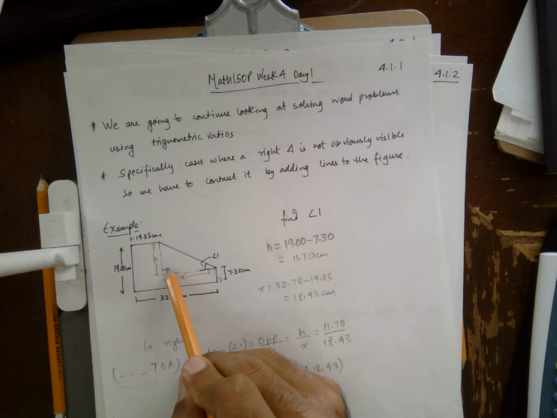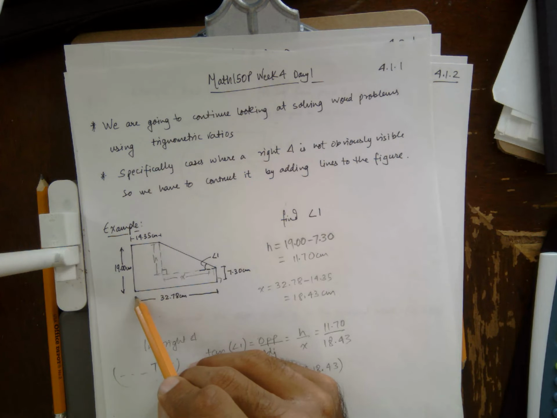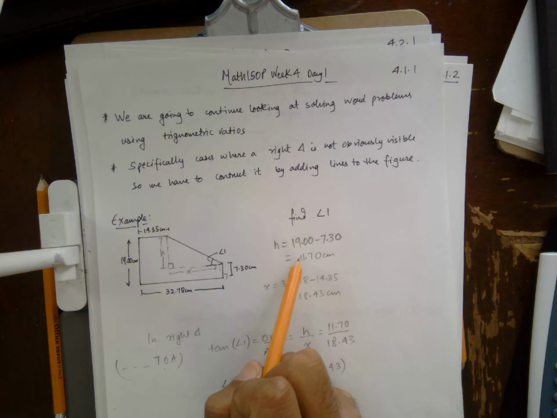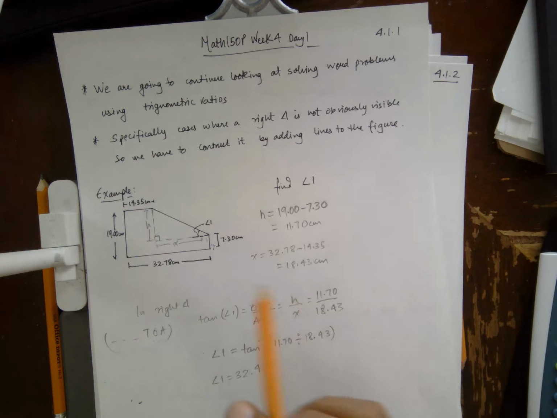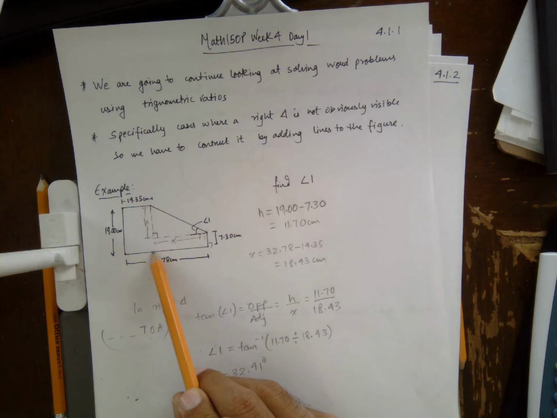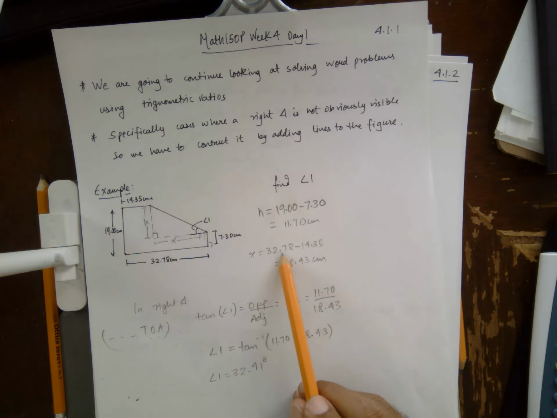H is just this entire length minus the small gap, so it's 19 minus 7.3, which is 11.7. Similarly, X is all of this length subtract the smaller length, so it's 32.78 minus 14.35, which is 18.43.